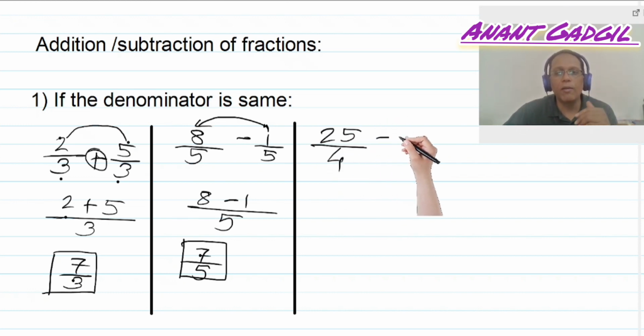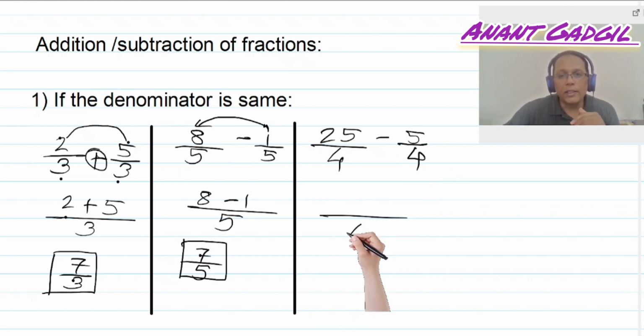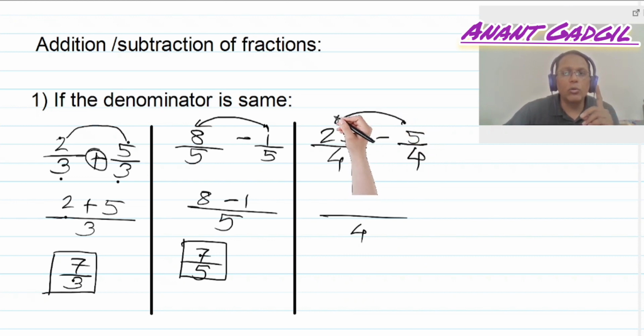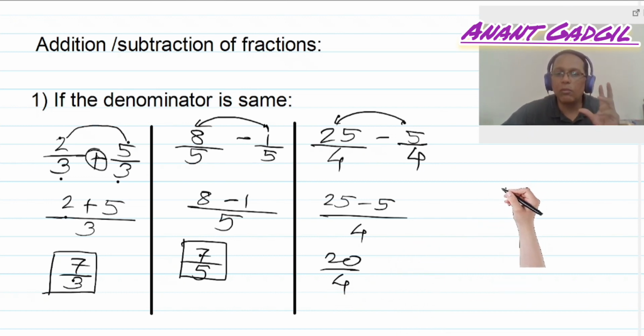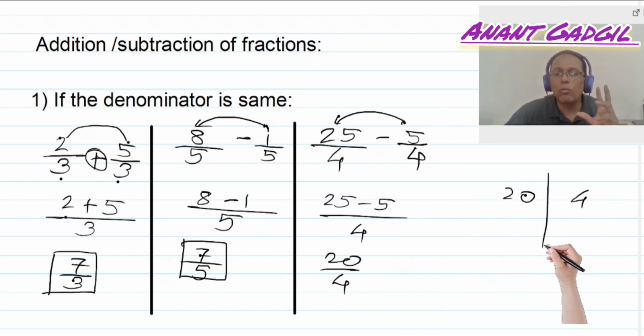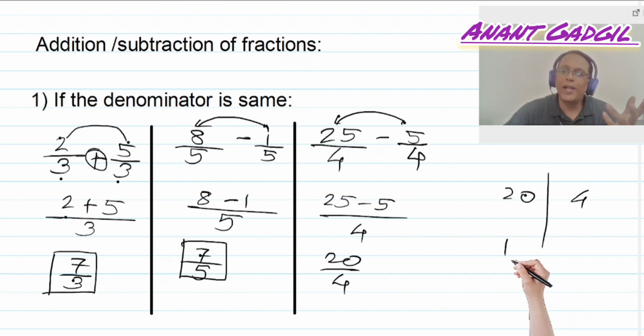Now let's look at the next question. 25 by 4 minus 5 by 4. Again the denominator is same, so we write it once and solve only the numerator. 25 minus 5, so it becomes 20 by 4. Now since 20 and 4 are both divisible by the same number, we can simplify. We can divide any number by 1, right?